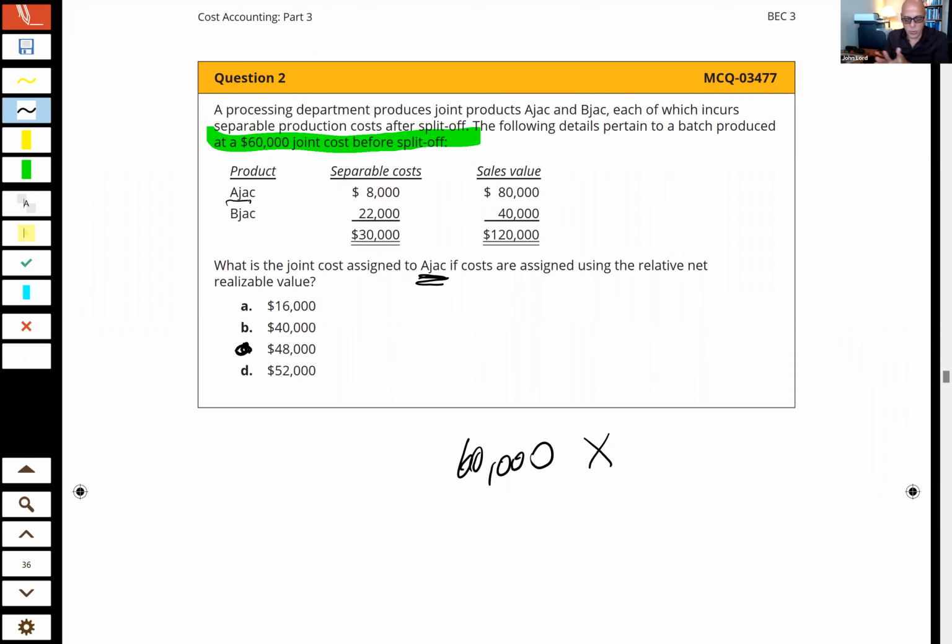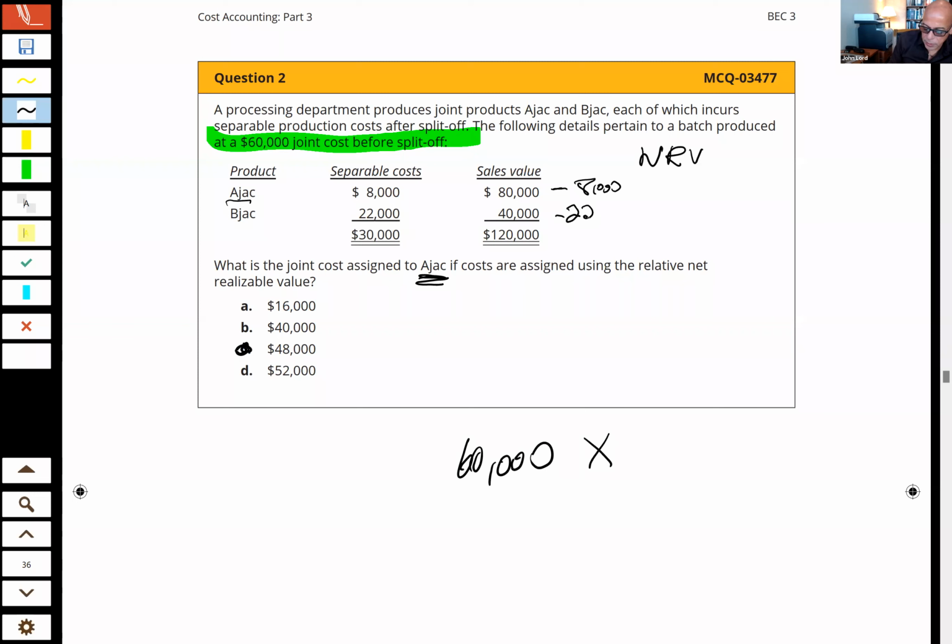They write things in the reverse order of how it would be apparent how to use the information to answer the question, because we're going to have to come up with that net realizable value after split-off. We need to know that the ultimate sales value minus the separable cost will give us that net realizable value after we finish processing this and sell it.